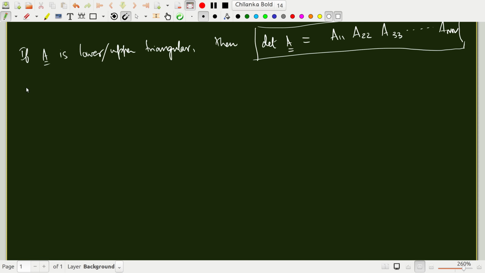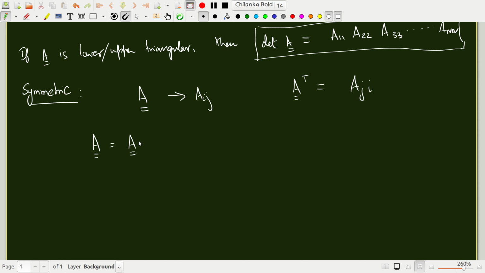Another important class of matrices are called symmetric matrices. What are symmetric matrices? If I have a matrix A with elements Aij, then its transpose A transpose will have elements Aji. Symmetric matrices are ones in which A is equal to A transpose, or in terms of elements, the element Aij is the same as Aji.